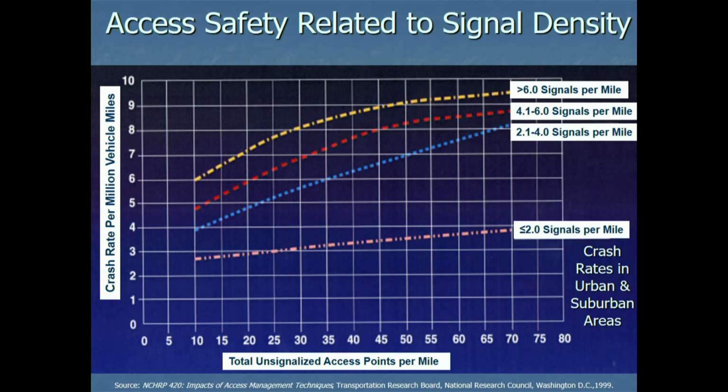Here we go. So as you could expect, the lower signal density has an associated lower crash rate. As the signal density increases, you could expect higher crash rates. And as part of the NCHRP Report 420, we came up with a way to calculate, if you have a certain number of signals per mile, what the increment in crash rate you could expect.